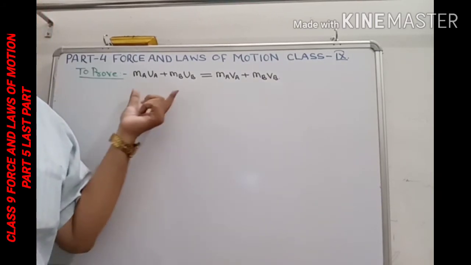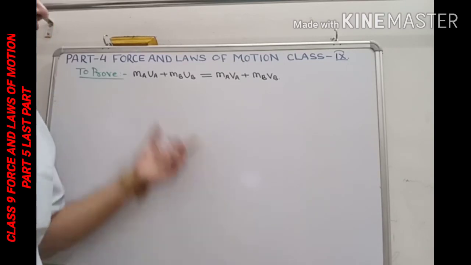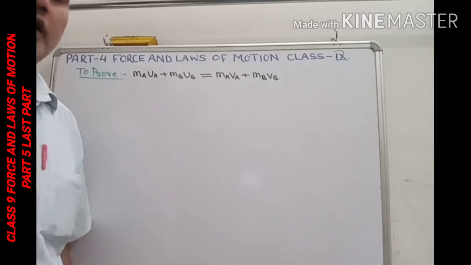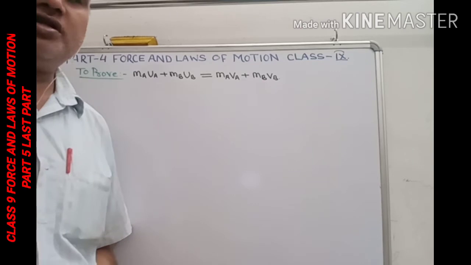According to the law of conservation of momentum, as we have studied in our last lecture, these are conserved if any unbalanced external force is not applied on the system.